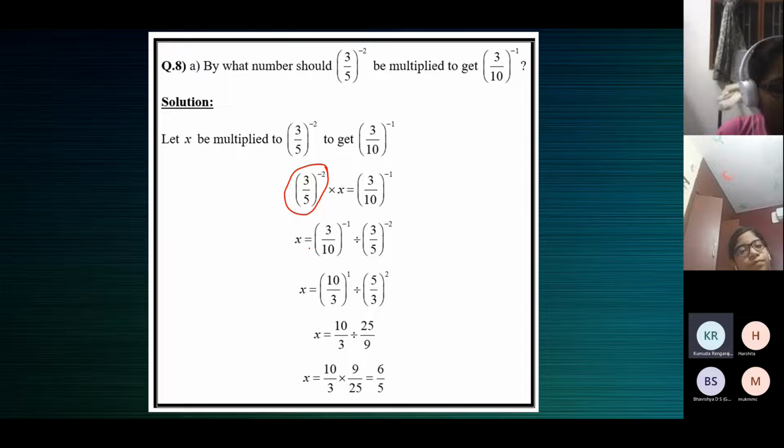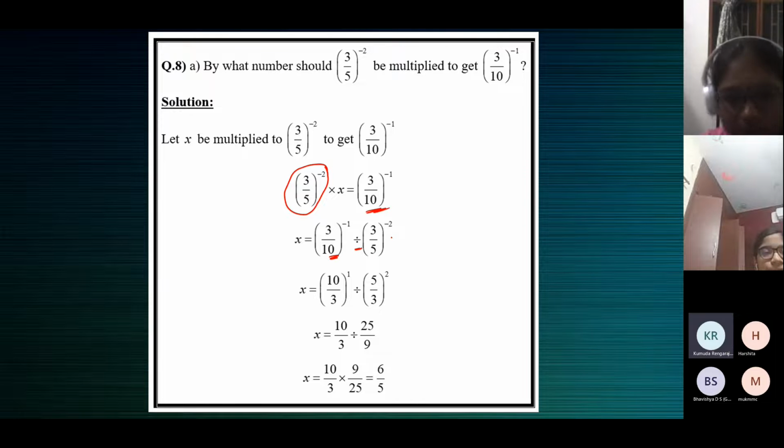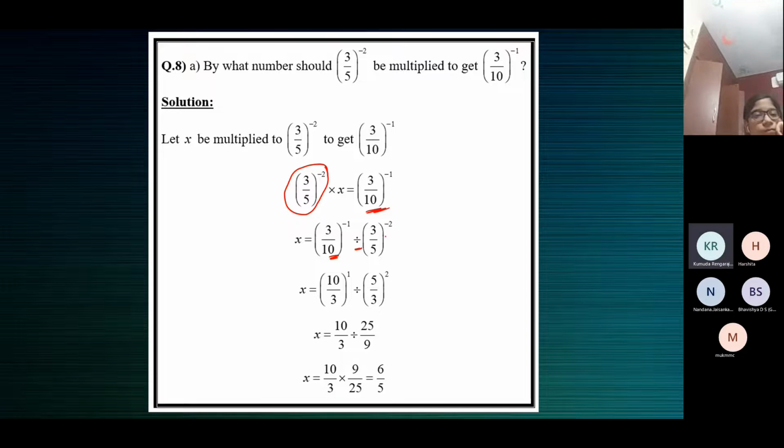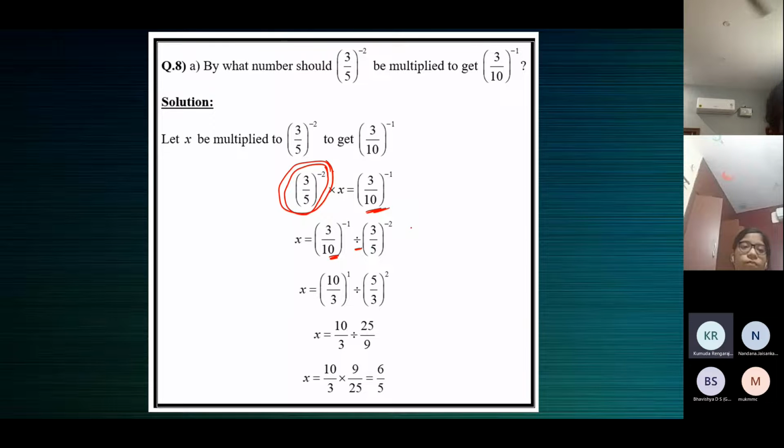So x is equal to (3/10)^-1 divided by (3/5)^-2. Yes or no? Whatever is in multiplication, when transposed, goes to the other side for division.